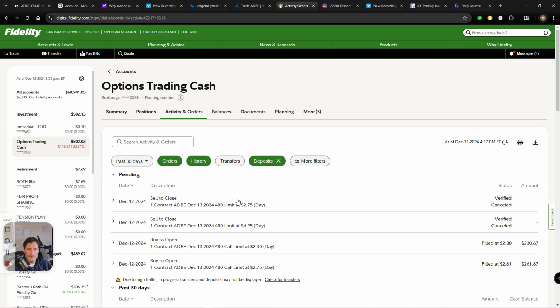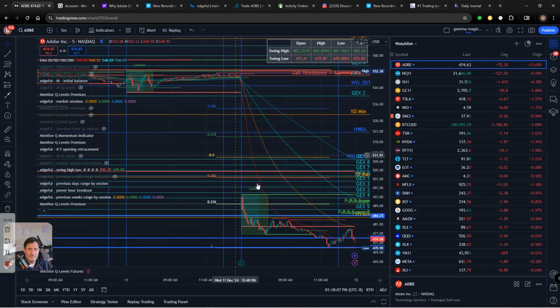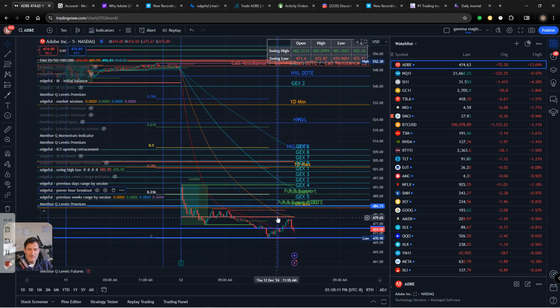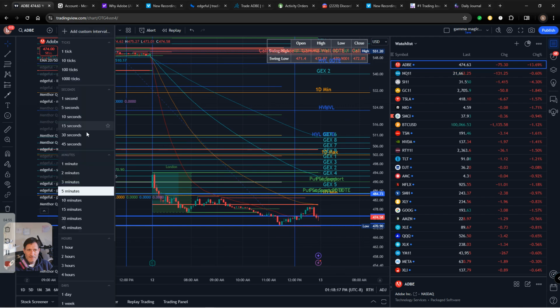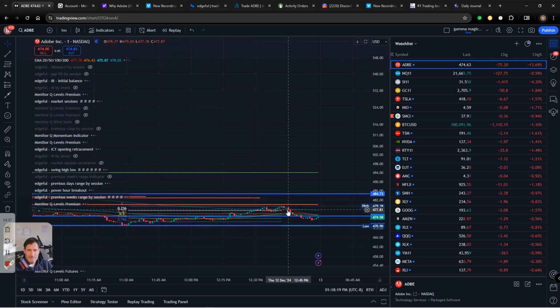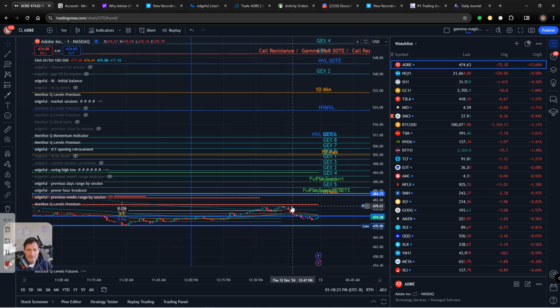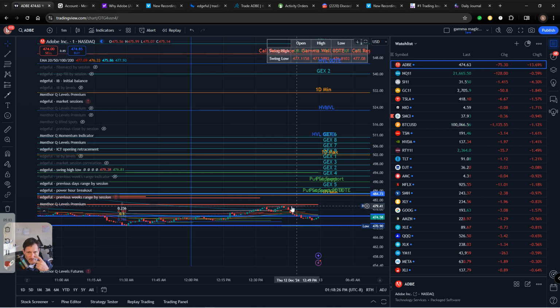So was just about to close here on my Fidelity account and lock in some of that profit. And then we started to come off that 480 or 479 price.